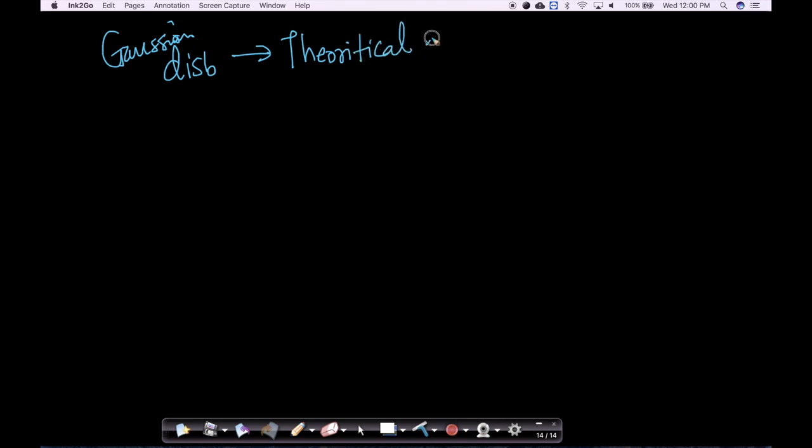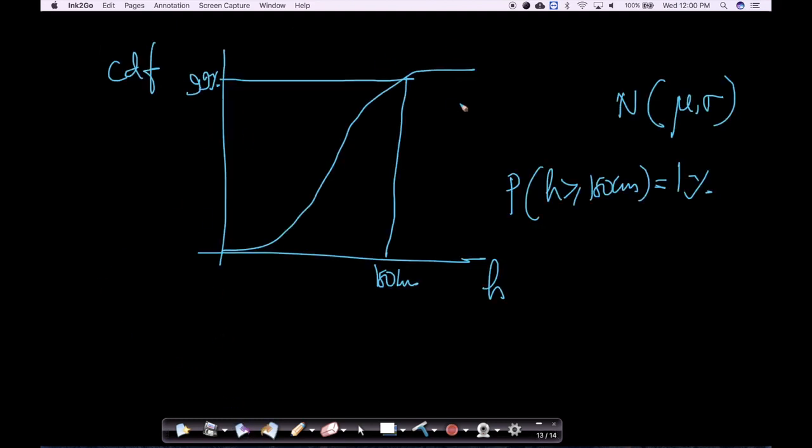The very fact that heights are Gaussian distributed helps me get this CDF and all the values in it. So in a nutshell, a distribution like the Gaussian distribution gives us a theoretical model of the behavior or the distribution of heights itself. I can simply plot this CDF the moment I know the mean and standard deviation of heights.